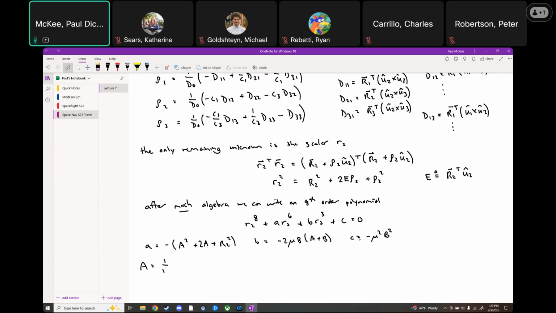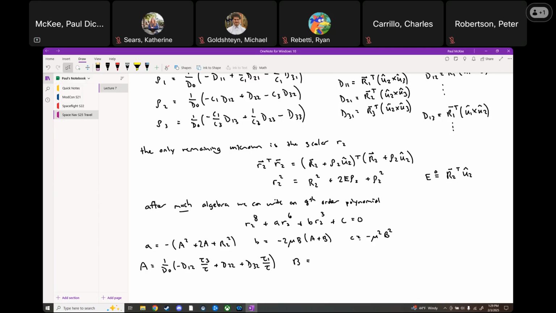Where capital A, like I said, much algebra, right? Capital A is 1 over d naught, and then in parentheses, negative d 1 2 tau 3 over tau, plus d 2 2, plus d 3 2 tau 1 over tau.